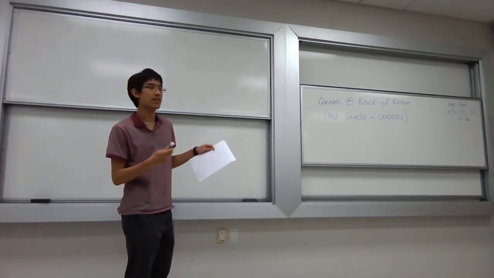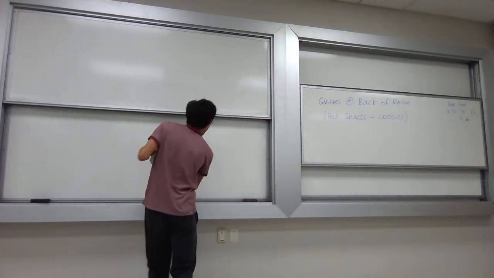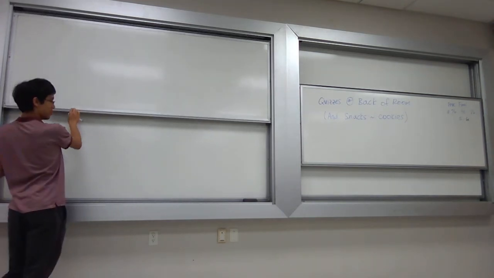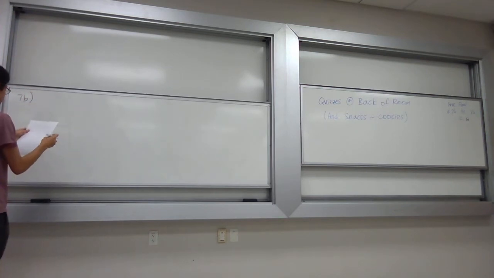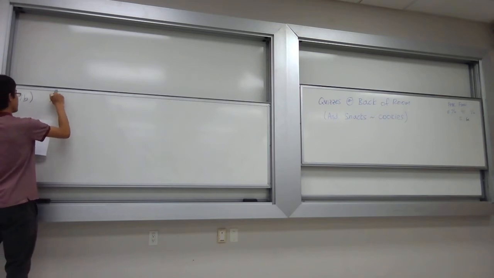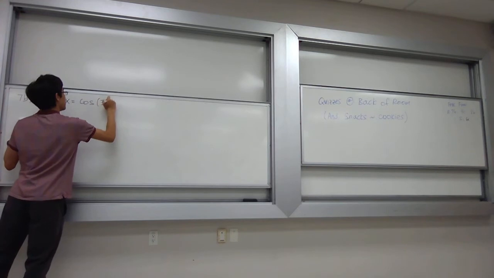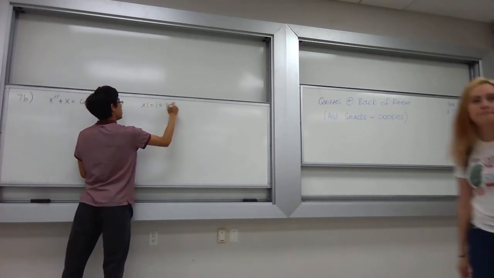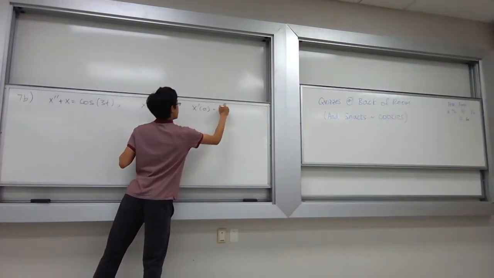All right, so first on the list is 7B, which is a Laplace transform. So 7B on the practice final is to solve x double prime plus x equals cosine of 3t with initial conditions x of 0 equals 1 and x prime of 0 is 0.